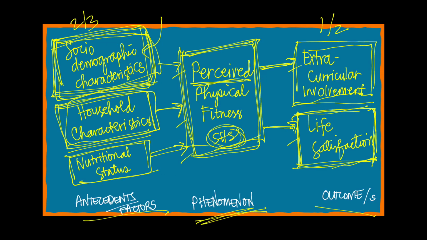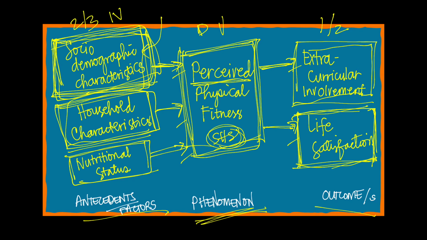So going back here in this schema, we are assuming that the socio-demographic profile or characteristic is the IV, and the perceived physical fitness is the DV. In this relationship, the IV is the socio-demographic profile, and the DV is your perceived physical fitness.